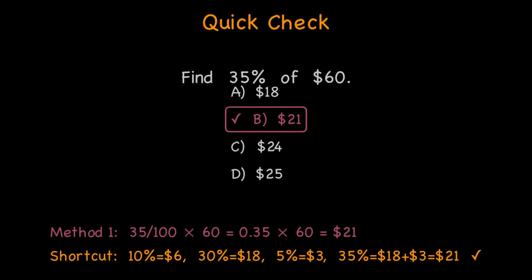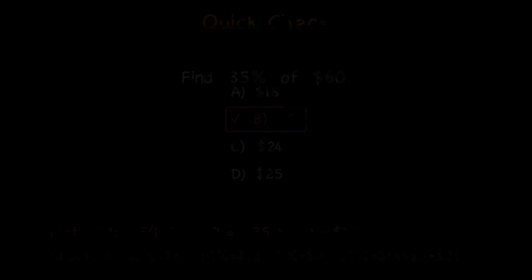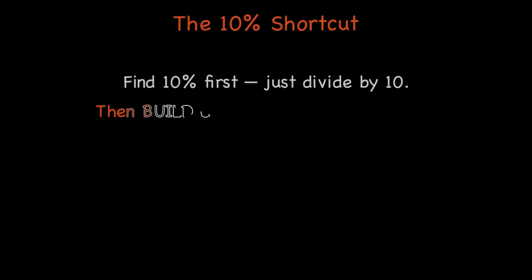Method 1. 35 over 100 times 60 equals 0.35 times 60 equals $21. Or using the shortcut, 10% is $6, 30% is $18, 5% is $3, so 35% is 18 plus 3 equals $21.